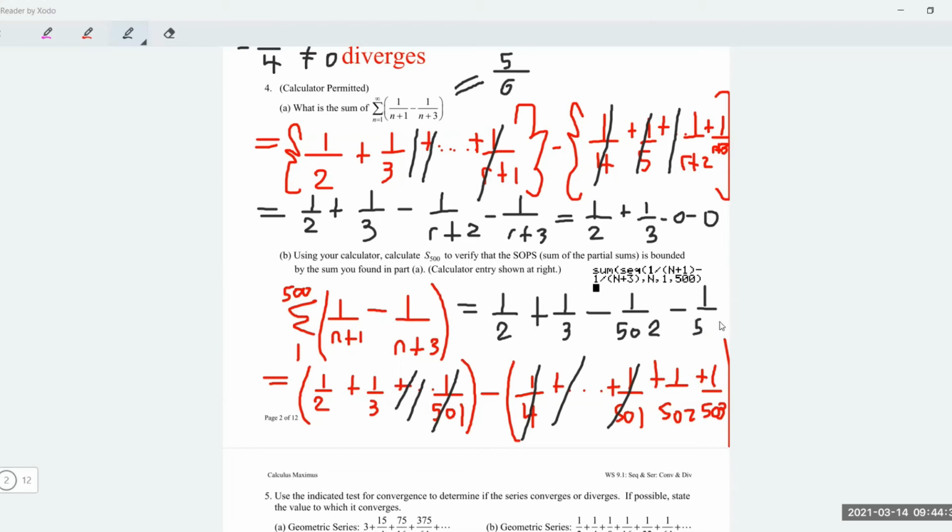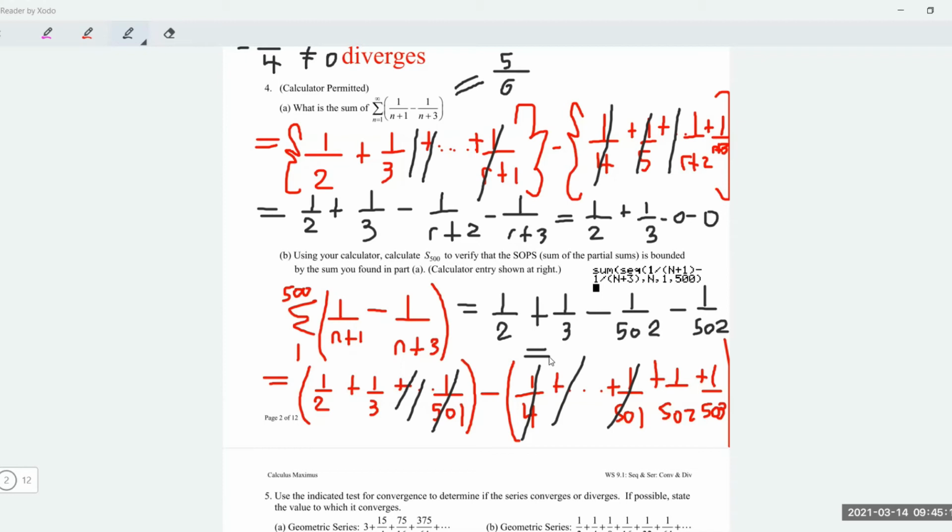So now when we get that, you just put all of this in a calculator and that will give you the sum from 1 to 500. So putting that in my calculator, I get 1 over 2 plus 1 over 3 minus 1 over 502 minus 1 over 503.